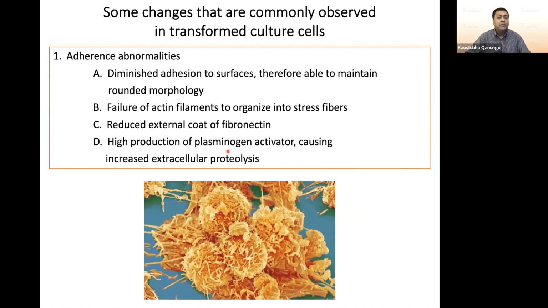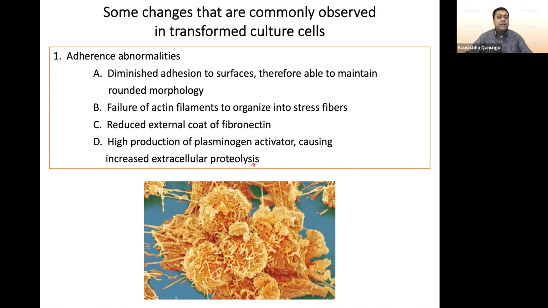Then there is another interesting thing: these cells produce something called plasminogen activator. We will not go into the detail of the whole procedure, but this plasminogen activator activates a protein in the extracellular matrix called plasmin, and plasmin causes increased extracellular proteolysis. This is not a normal condition.